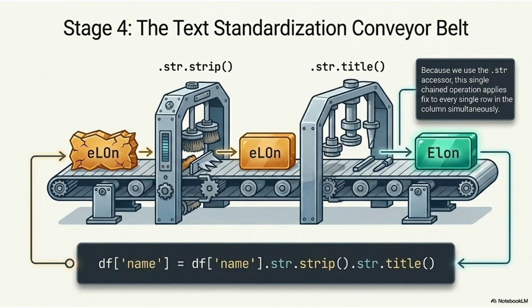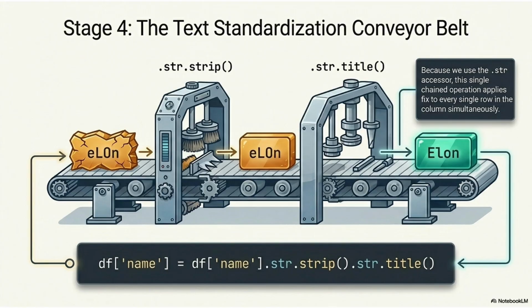Stage 4 is the text standardization conveyor belt. Chaining str.strip and str.title fixes inconsistent capitalization and hidden white space in a single expression.